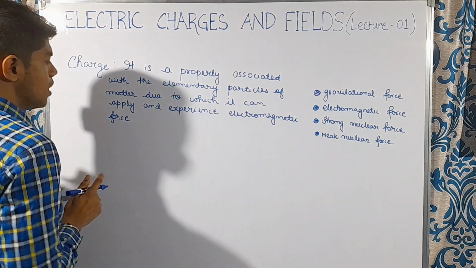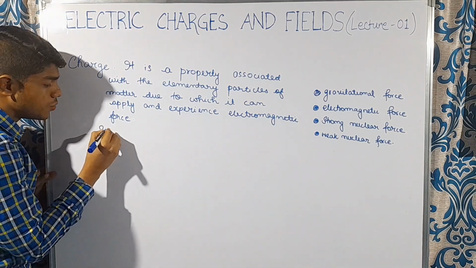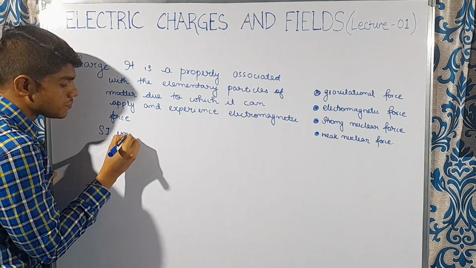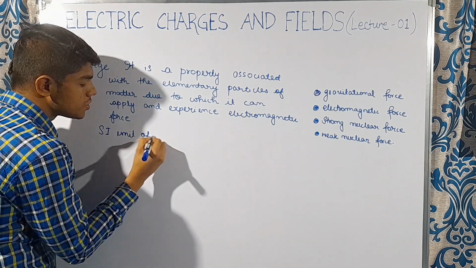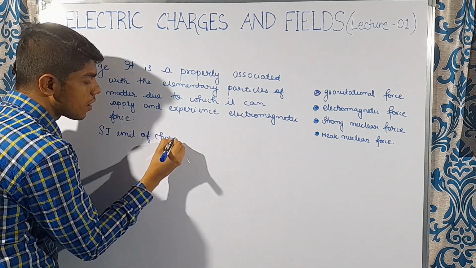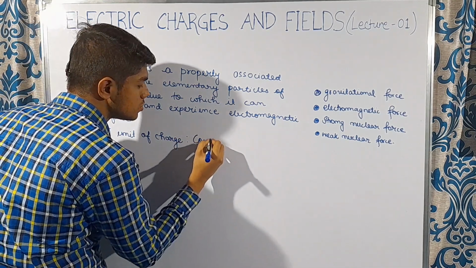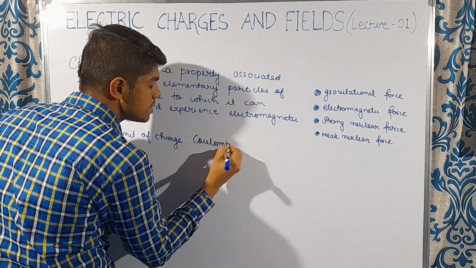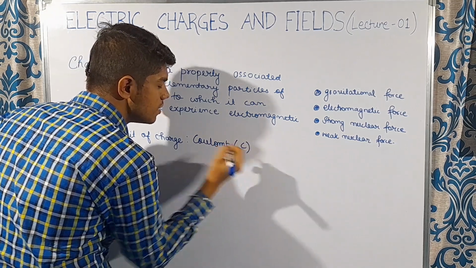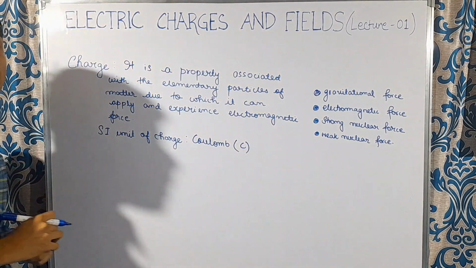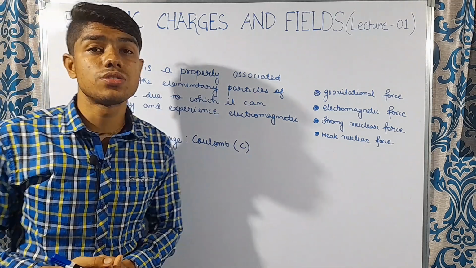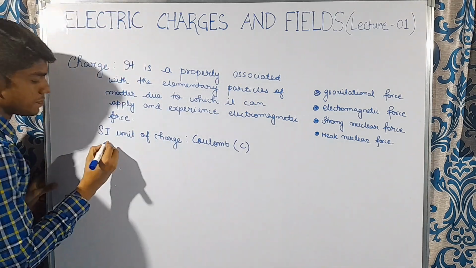Okay, now the SI unit of charge is coulomb. It is denoted by capital C. There are two CGS units of charge.